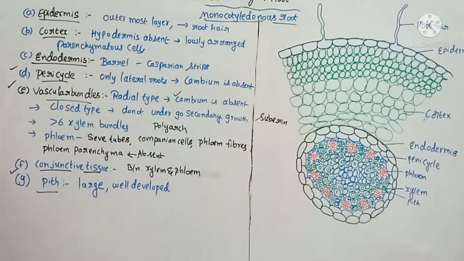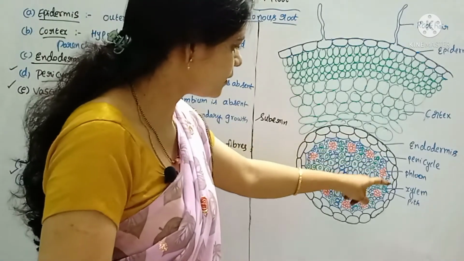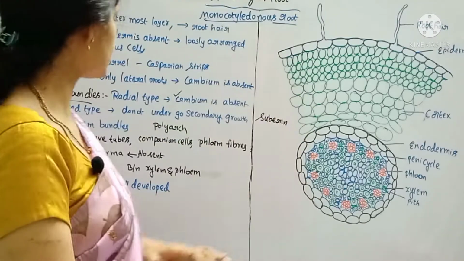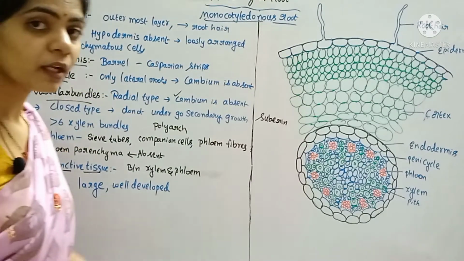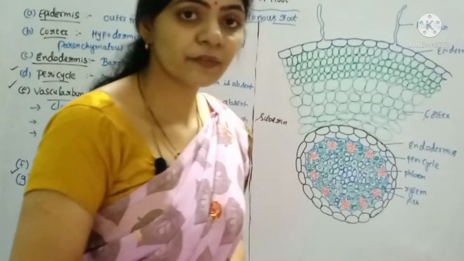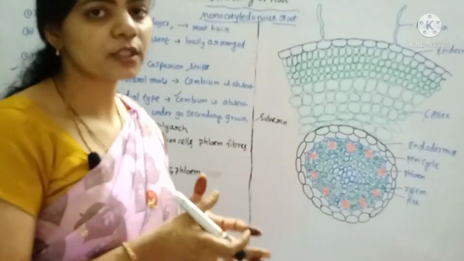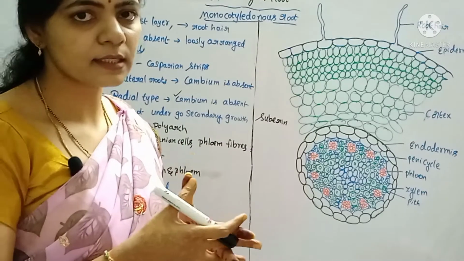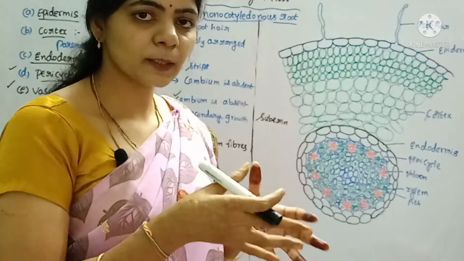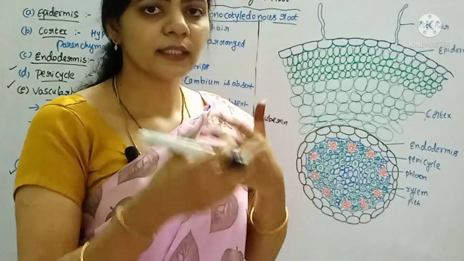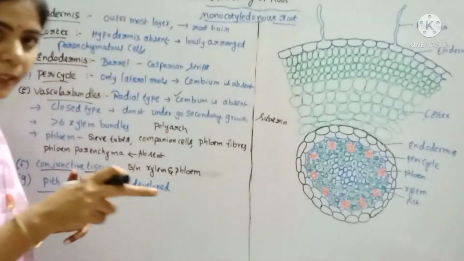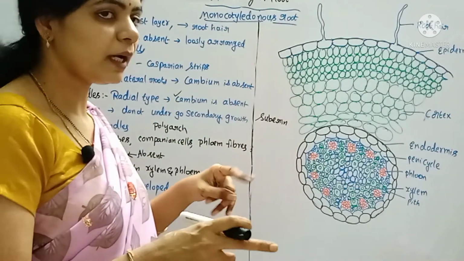Okay, and then what is next to this endodermis? The pericycle. As in the dicot roots that we have studied, the main function of the pericycle is that the parenchymatous cells present in it act as a meristematic tissue that divides and gives rise to cambium and lateral roots.